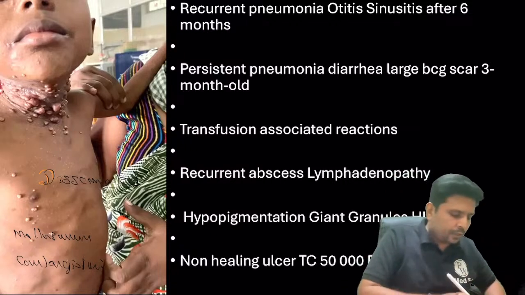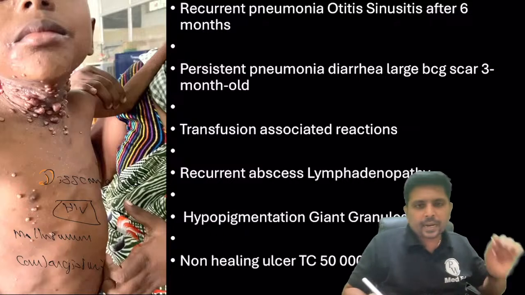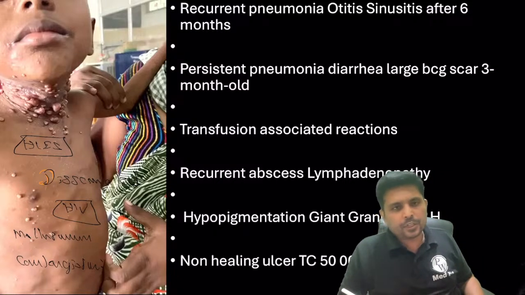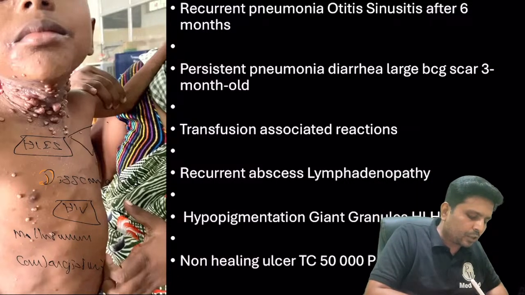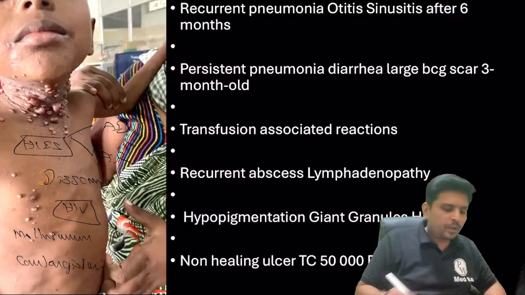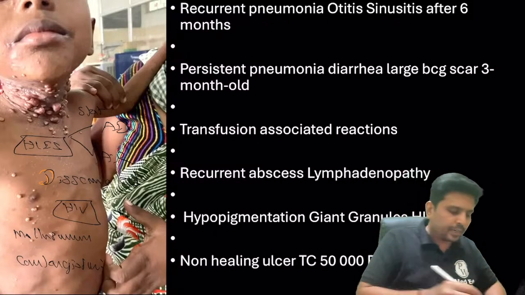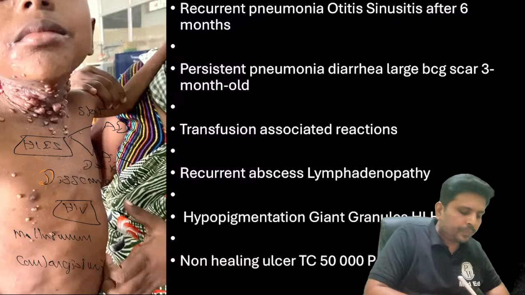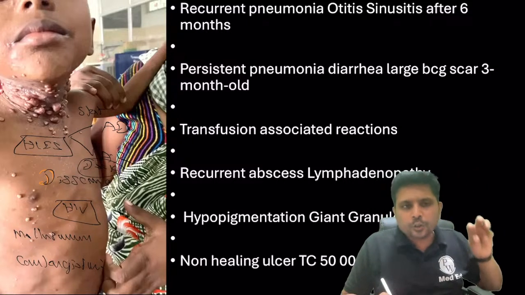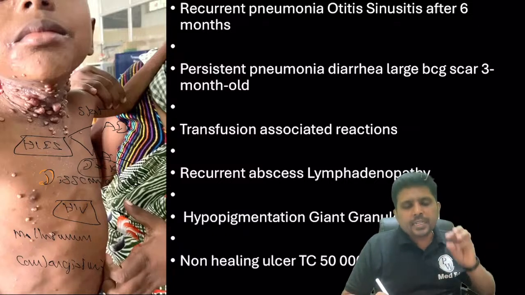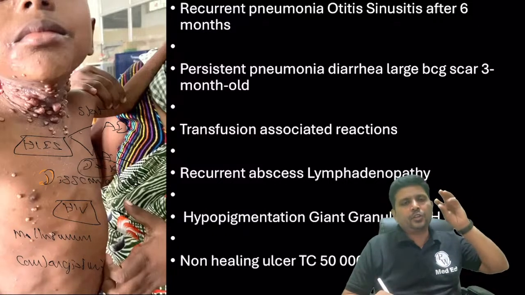In adults, you will say HIV, but in pediatrics, I will vote for hyper IgE syndrome. In that, you have two things. One is autosomal dominant, another is autosomal recessive. Autosomal dominant is STAT mutation, whereas autosomal recessive is DOCK8 mutation. So this is suggestive of autosomal recessive DOCK8 mutation, which leads to disseminated molluscum contagiosum.